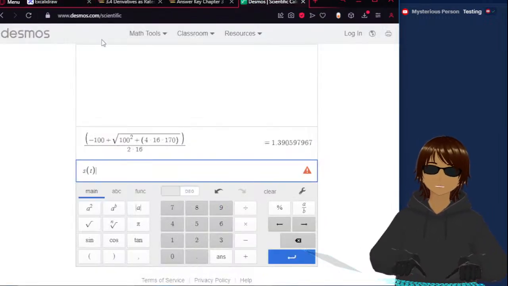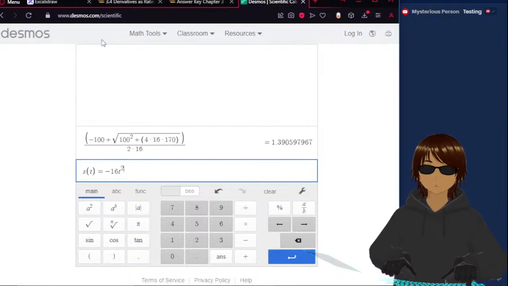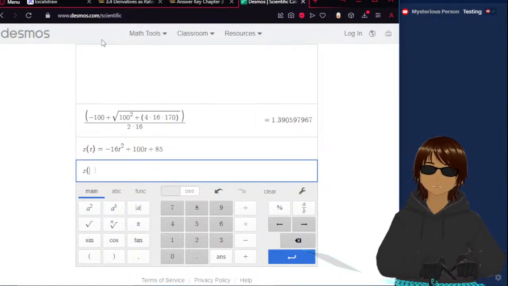S of t is minus 16t squared plus 100t plus 85. S of t, S of 5 and 7.